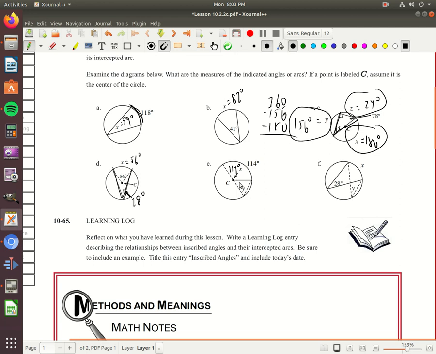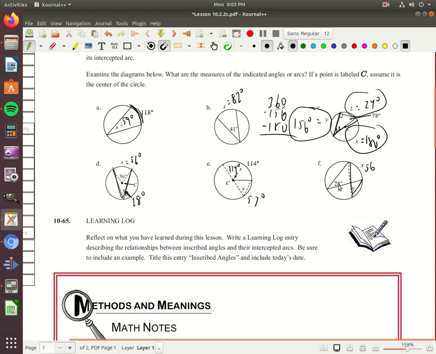Now, the other thing that's going on here is kind of interesting. You can see this inscribed angle is half of this 114. So this must equal 57. And again, if you're not sure, what I'm saying is if you look here and here, this 114 is the intercepted arc of this inscribed angle.